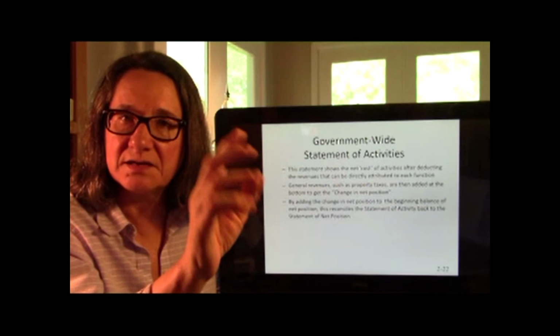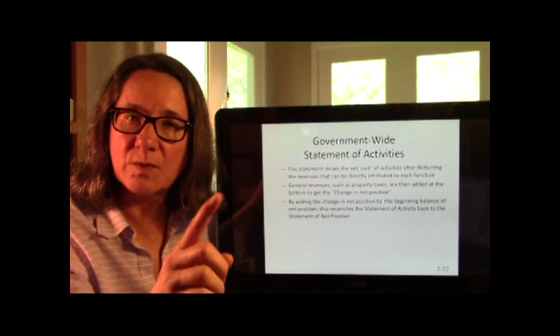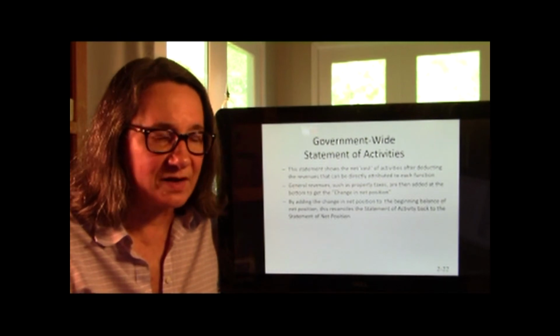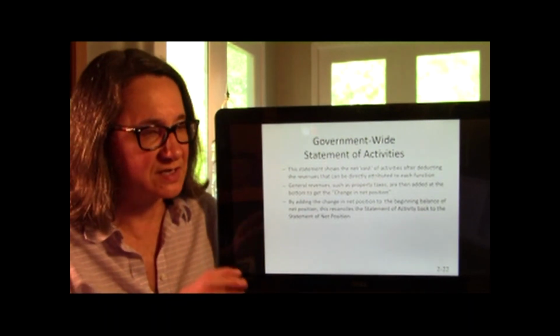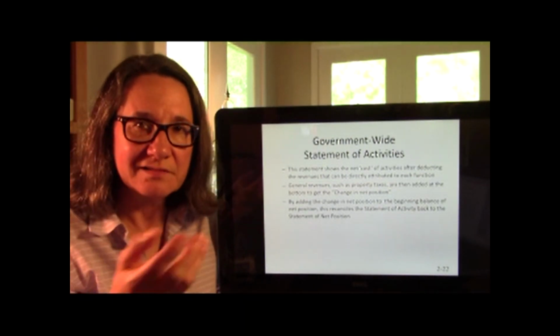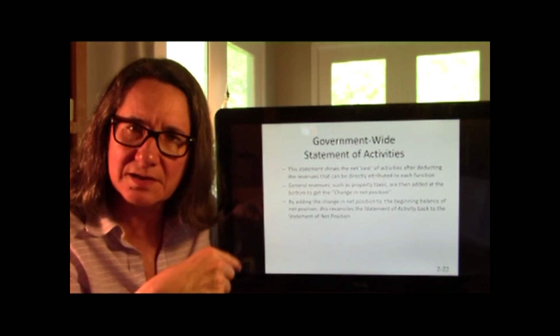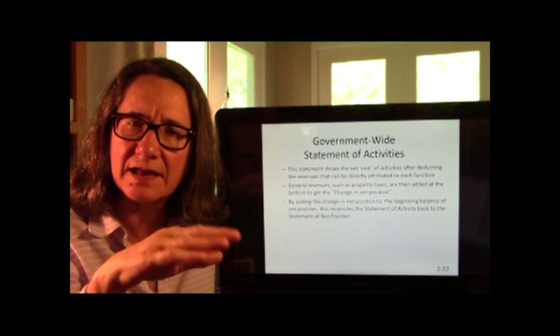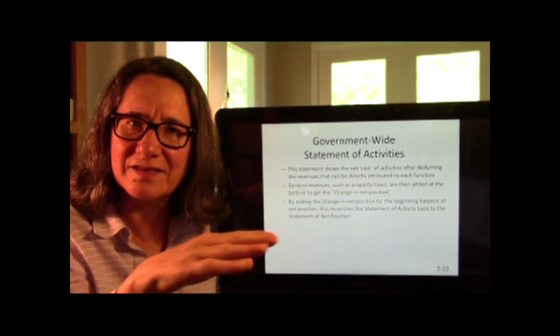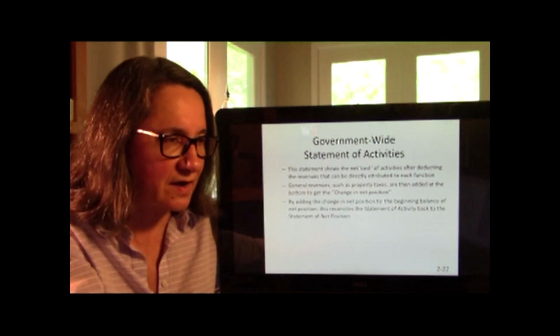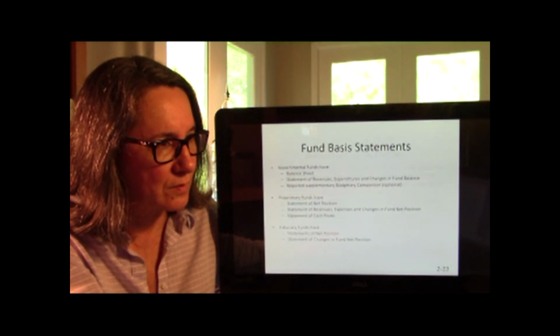Here's what we spent, here's what came in, and now we're going to move this over to our statement of net position, or balance sheet. They're not called retained earnings because that's not what they are. They weren't earnings to begin with, but it's the same idea of reconciling the income statement to the balance sheet through the retained earnings. So they do reconcile, and we'll look at that, of course.